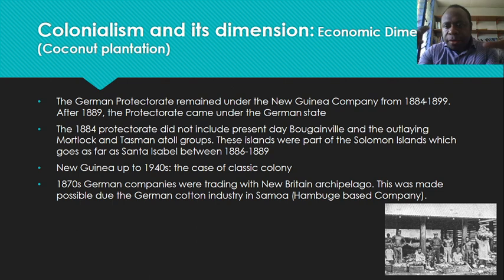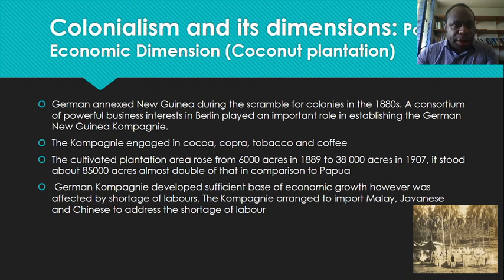So by the 1870s, German companies were trading with the New Britain archipelago. Germany had also had its presence in Samoa. So there is some interested, let's say, economic activity between the region up to the Momase region and the New Guinea Islands. Germany annexed New Guinea during the scramble for colonies in the 1880s.